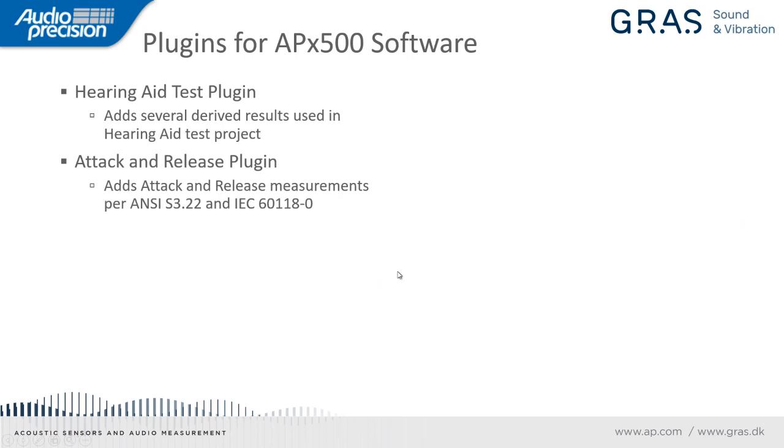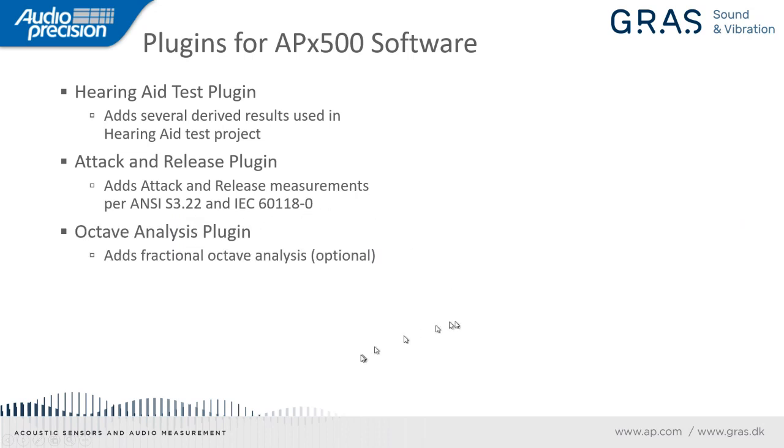This adds attack and release measurements per ANSI S3.22 and IEC 60118 Part 0. And we have an octave analysis plugin. This just adds a fractional octave analysis measurement, which is optional. It's not required for these standards, but can be useful for acoustic measurements. And these are freely available downloads from ap.com. All you have to do is register to download them. Once you've installed them, these features will show up in the APX 500 software.